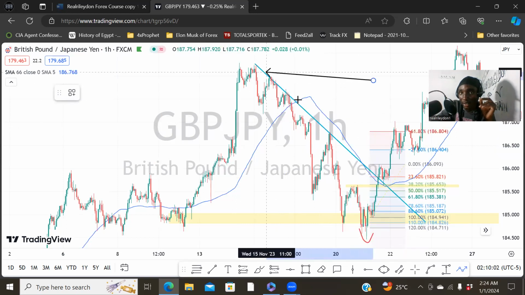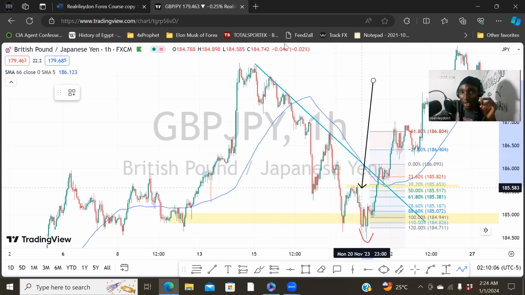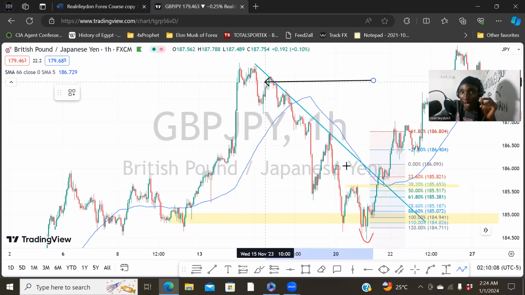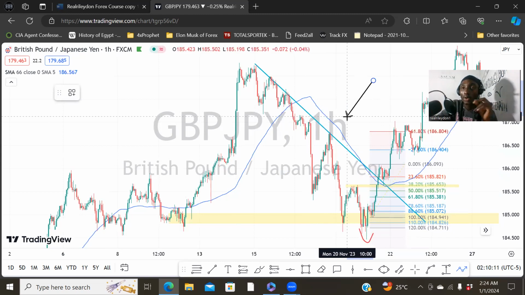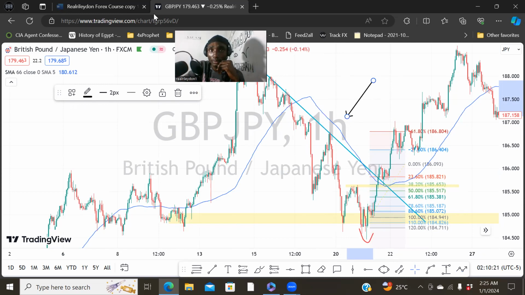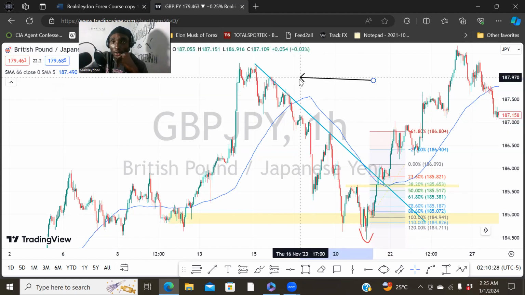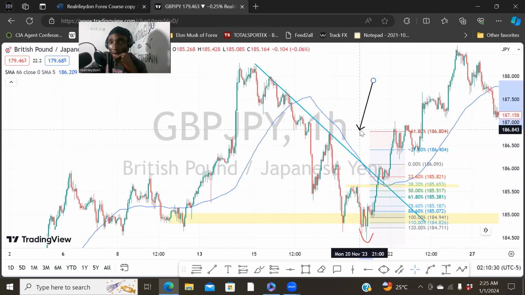All of this right here is resistance, pushing the market down, keep pushing the market down. Lower highs and lower lows.